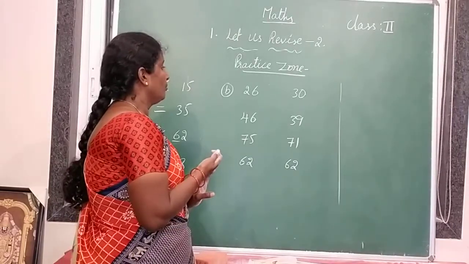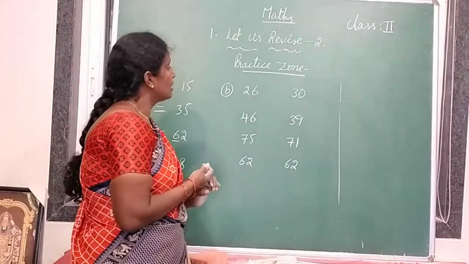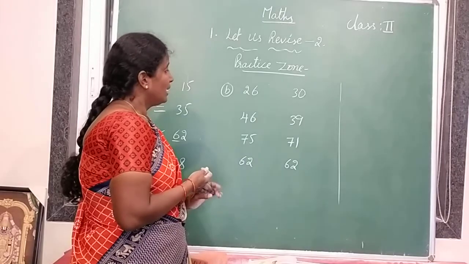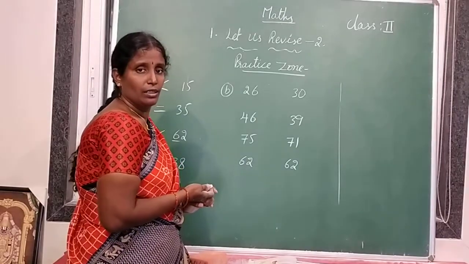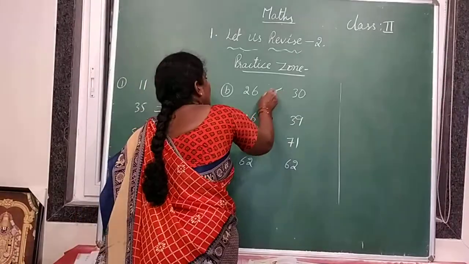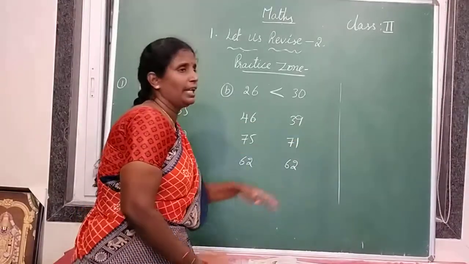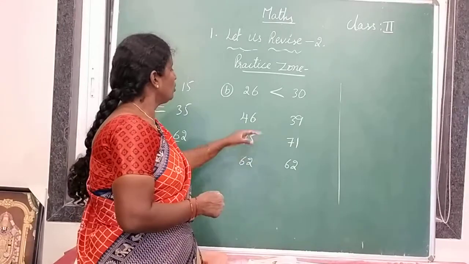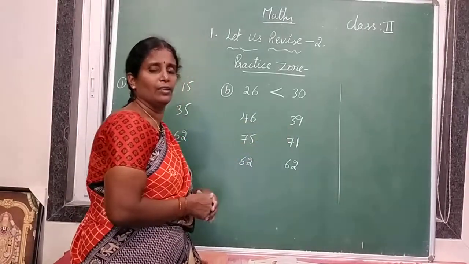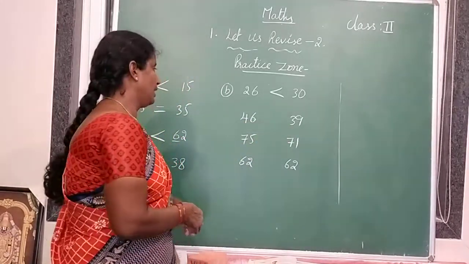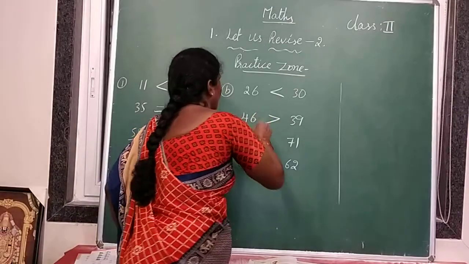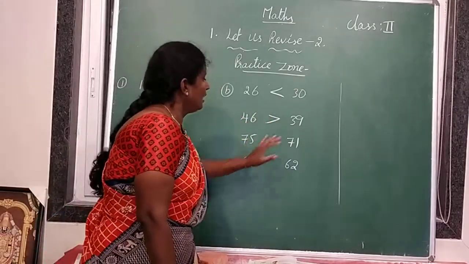Which symbol do we write? It opens towards 26 or 30? Yes, towards 30. Next, 46 and 39. Does it open towards 46 or 39? Yes, 46. And next, 75 and 71.